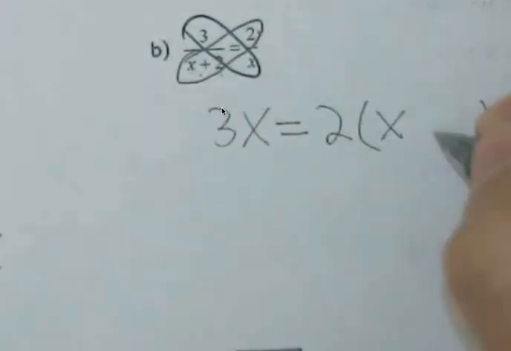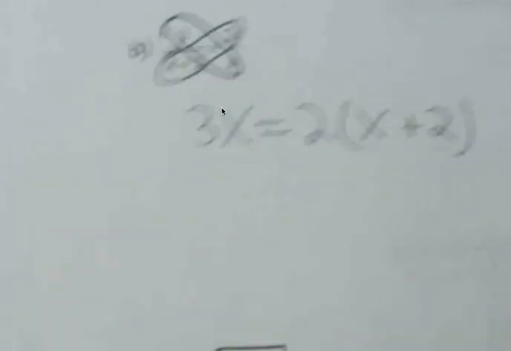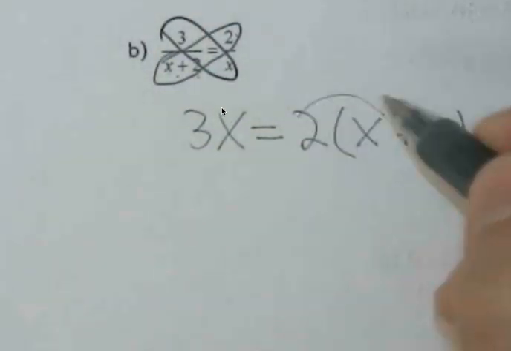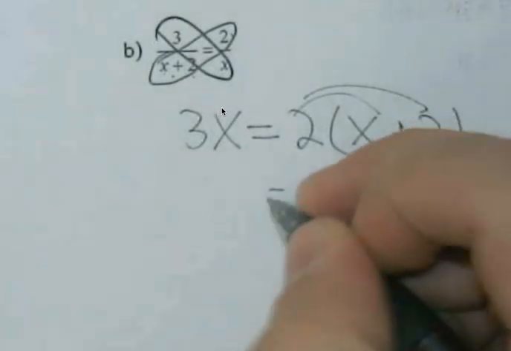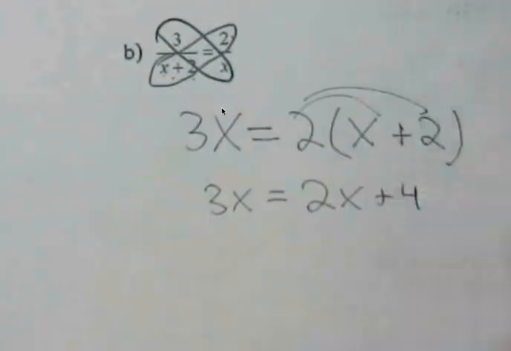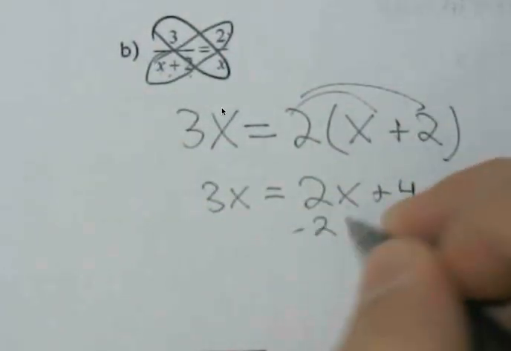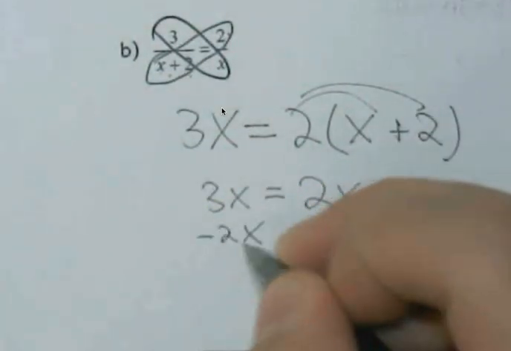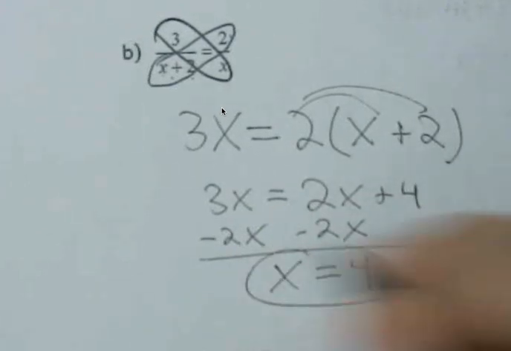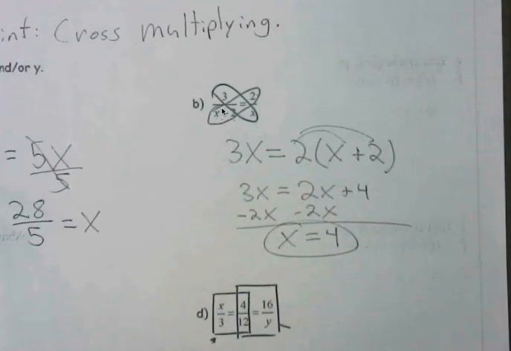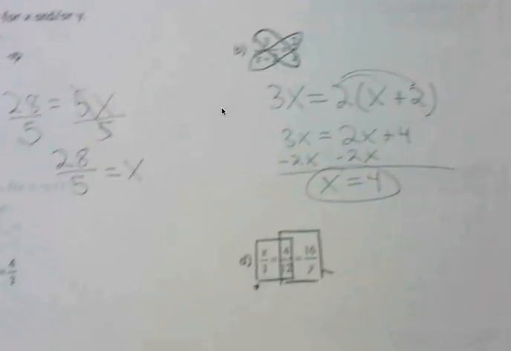Use parentheses here, don't get lazy. We can distribute the 2 in, getting us 2x plus 4. This equals 3x. If we move our x terms to one side, this is claiming that x should be equal to 4. Pretty simple, right? Just cross multiplying, nothing crazy.